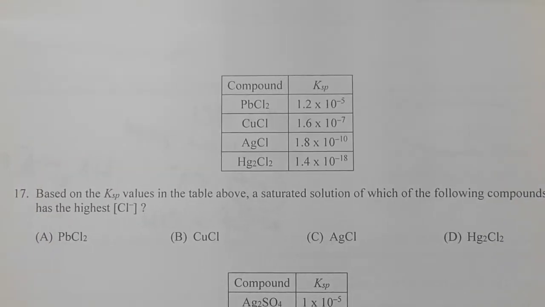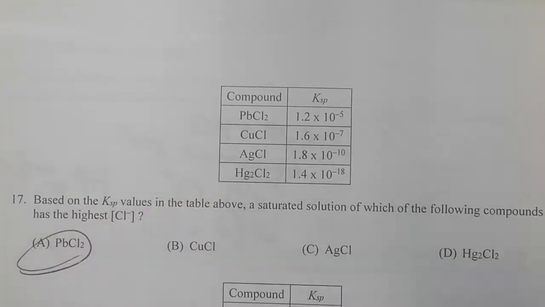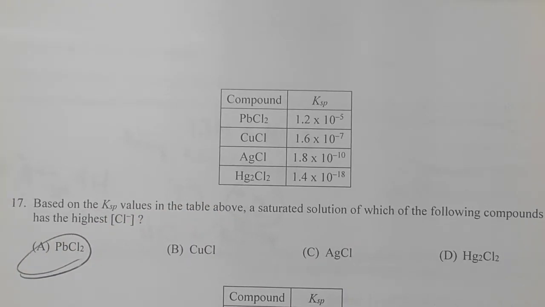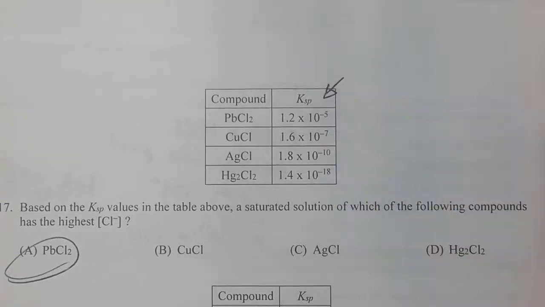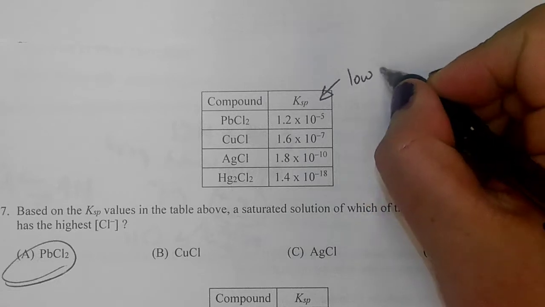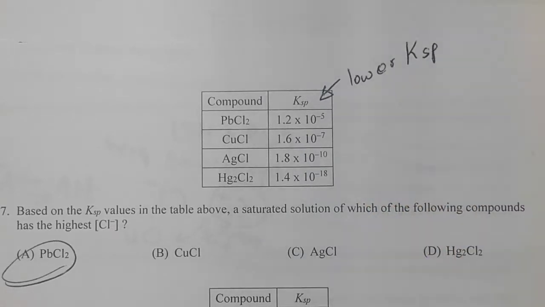17, what is this? It's A. Because remember, take a look at the KSP value. KSP tells you what? The ionization. Lower KSP means more soluble or less soluble?